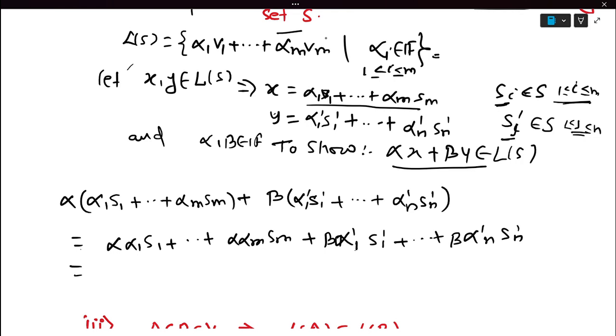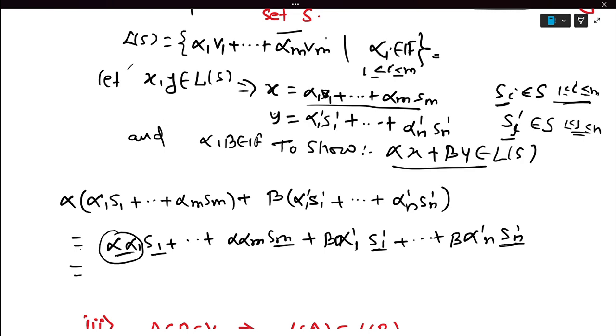Now we see s1 belongs to S, sm belongs to S, s1 dash belongs to S, sn dash also belongs to set S, and alpha belongs to the field, alpha 1 is also belonging to the field, and the field is closed under multiplication.